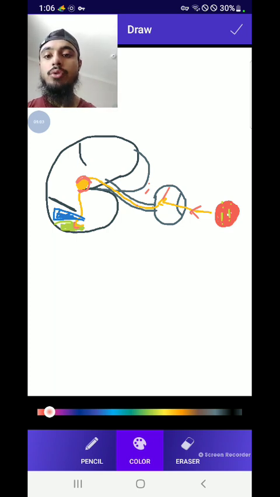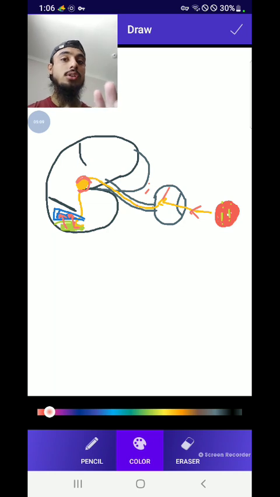Does this information go towards the auditory association cortex? No, the auditory association cortex is related to your temporal lobe. This information goes to the visual association cortex.